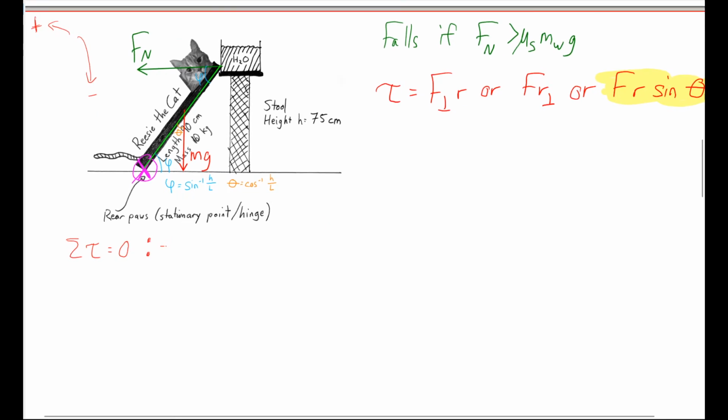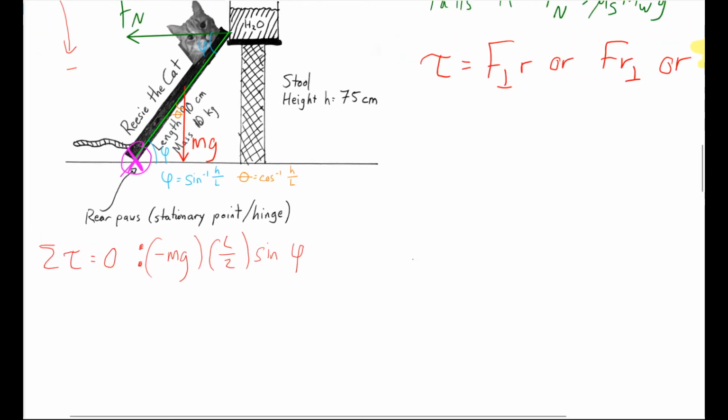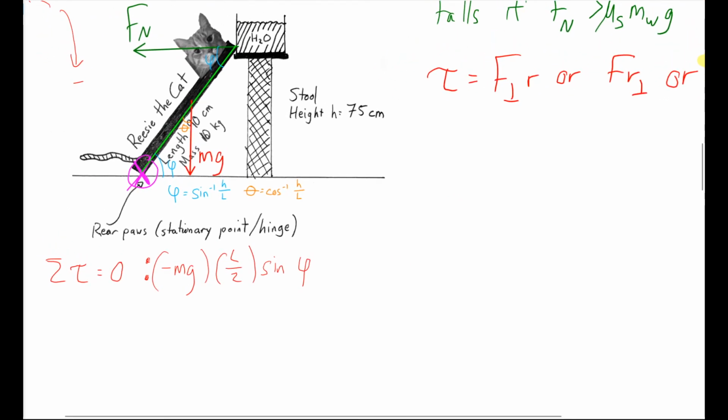So minus mg times the radius, which is L over 2, times the sine of the angle, sine phi. And then I have the torque from the normal force, so plus F sub n, the thing I'll ultimately be solving for, times L. Oh, that's not phi, that's theta.